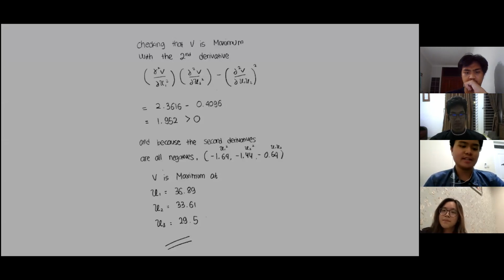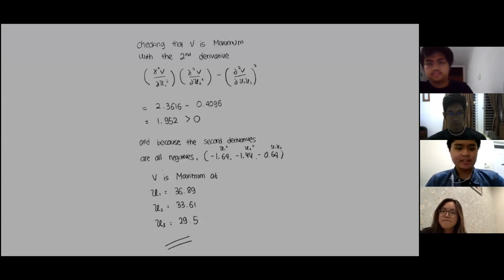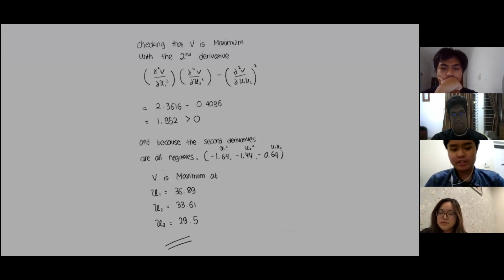Now, the last thing we have to do is check that the V is maximum, because in the problem it is stated that the company wishes to maximize the present value of profit, aka the V. So we can do that with the second derivative.